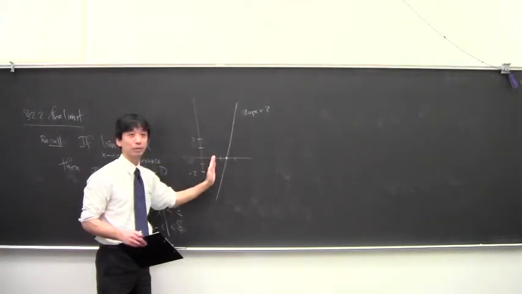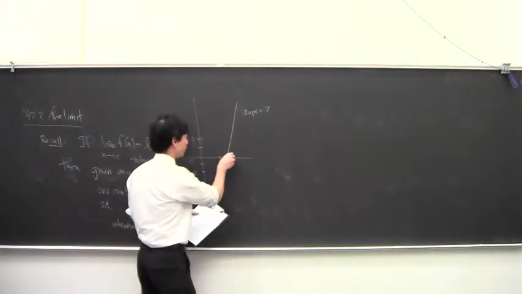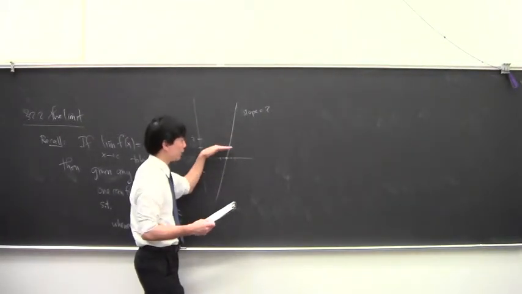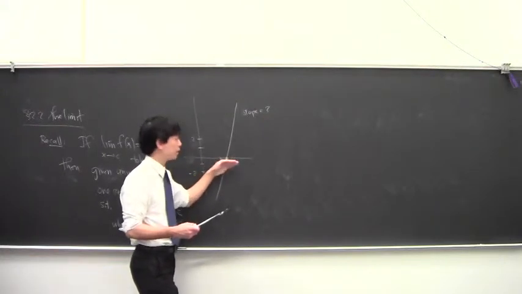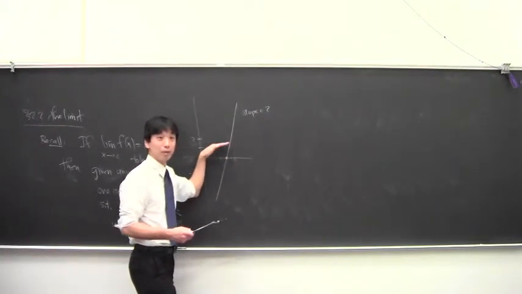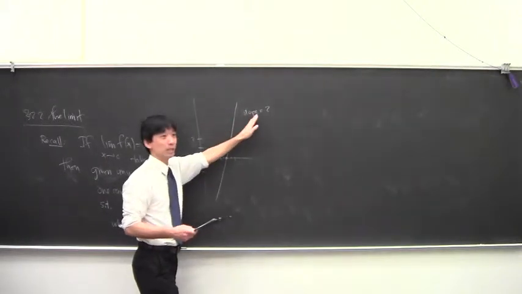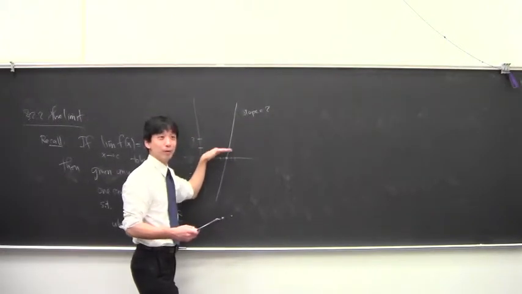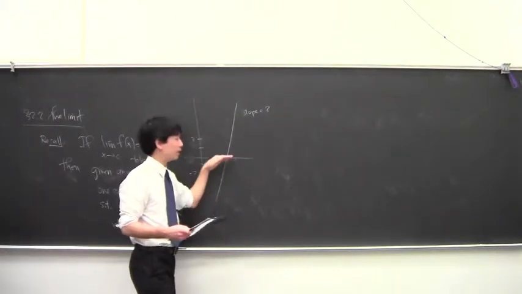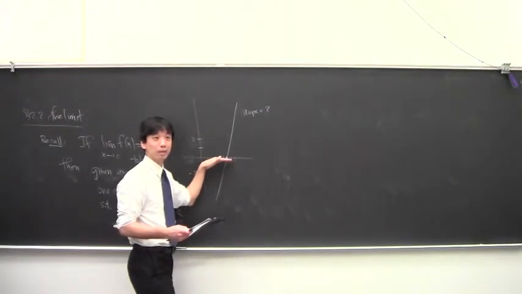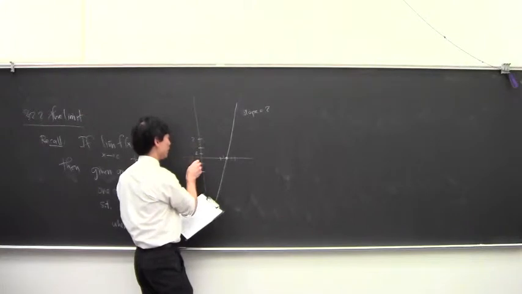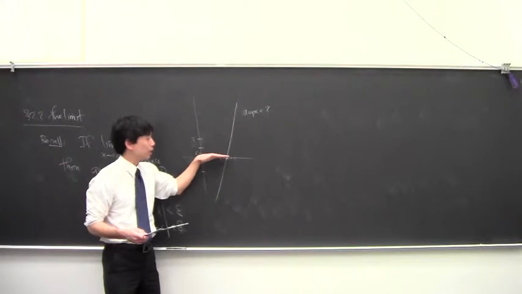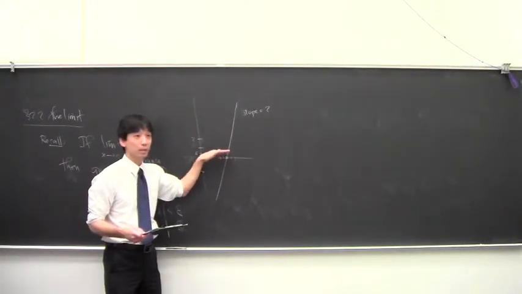The slope is 2, so at most you can move 0.5 away in either direction. As long as you move less than 0.5 away, your outputs are going to stay within 1 of 0. That's basically what the slope means. Now suppose somebody said epsilon: I want your outputs to stay within epsilon of 0.